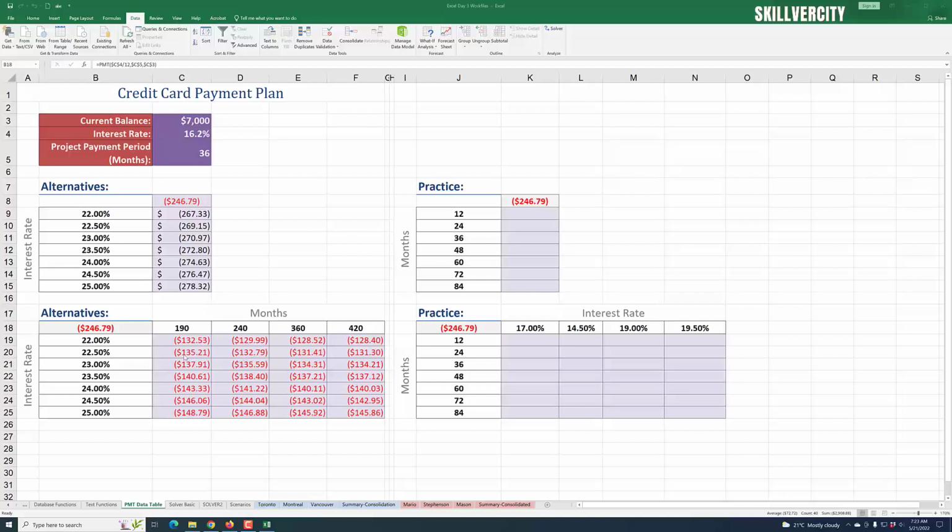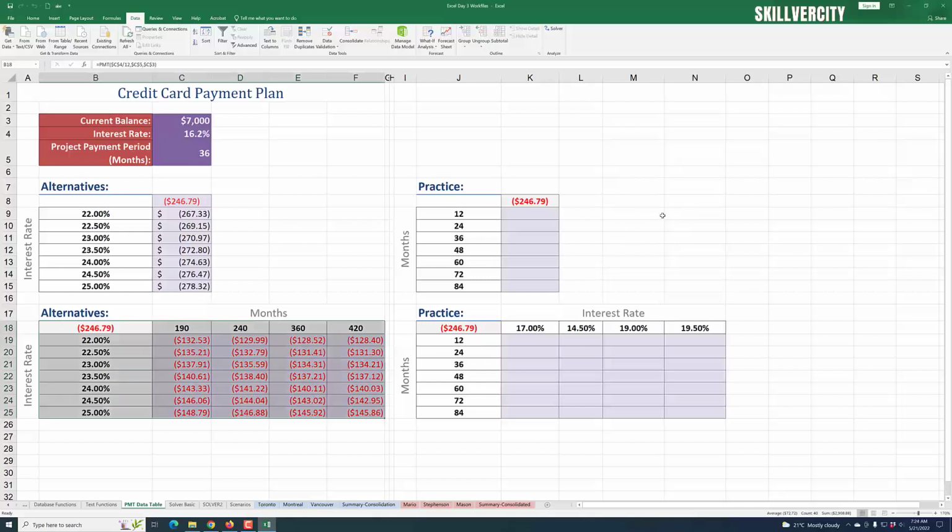Even if your interest is higher, your monthly payment is reduced. However, as you know, the credit card company will benefit more in the long run, because the interest overall that you pay to them will be more over time.